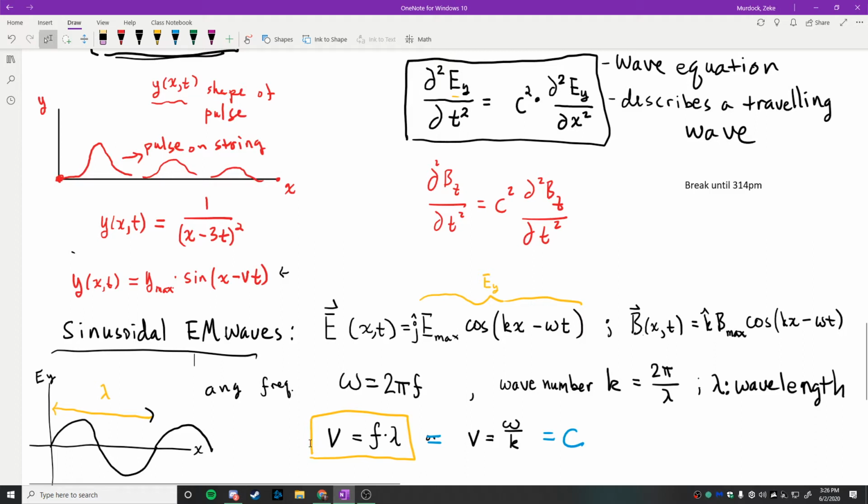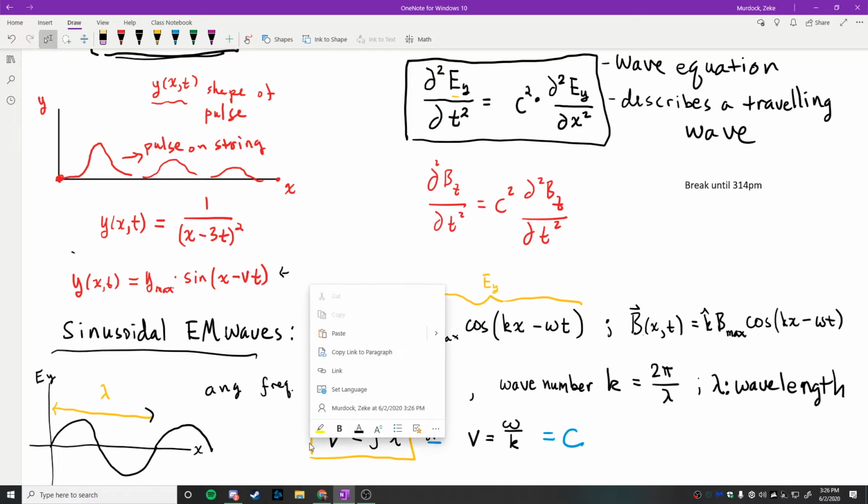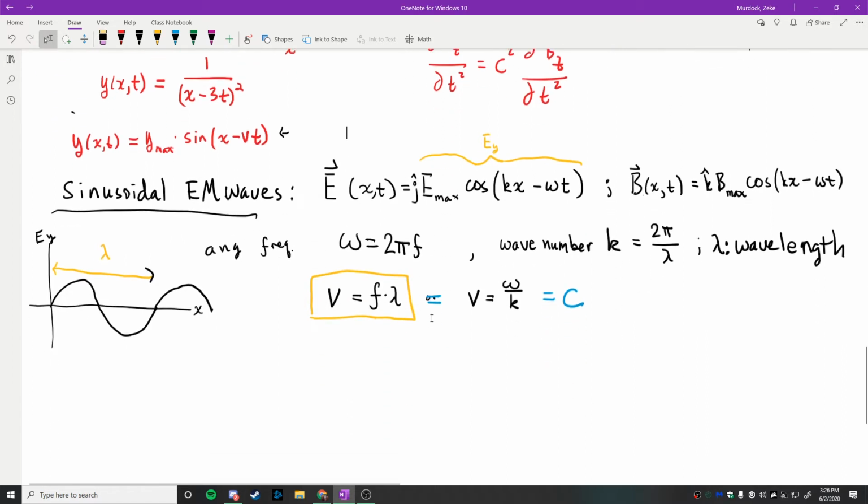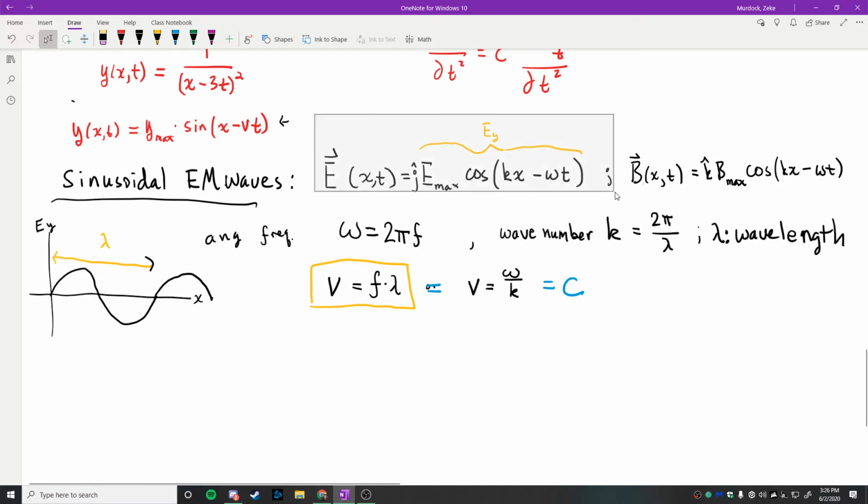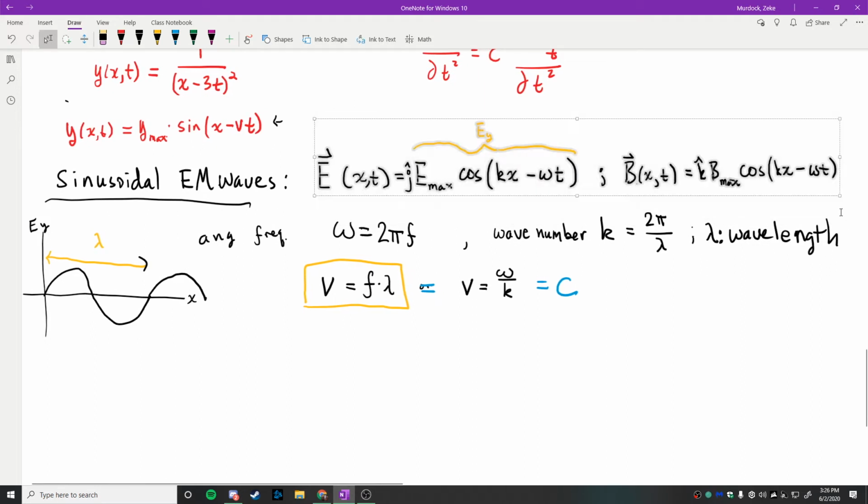Do you guys have any questions about that? Those end up being our equations that represent electric and magnetic fields.